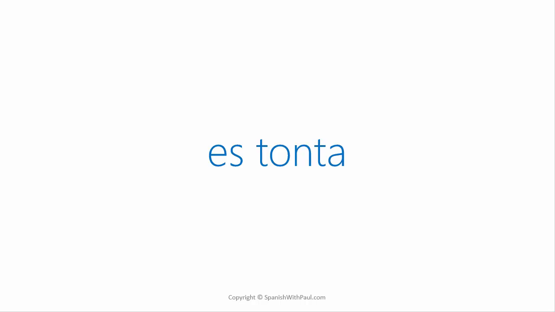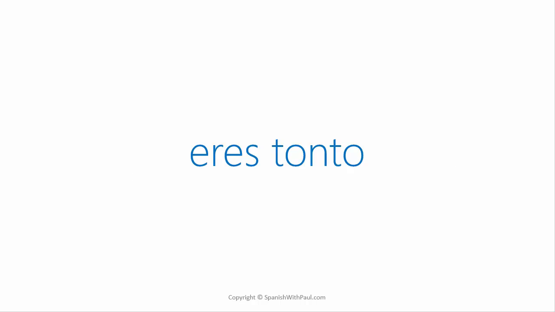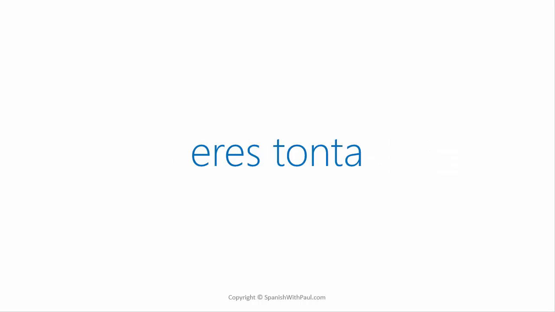If we were saying you are dumb and we were talking directly to Pedro, Pedro is a man, so it would be eres tonto. Eres for you are, and tonto because Pedro is a man. But if we were saying you are dumb directly to Maria, then it would be eres tonta, changing to a.